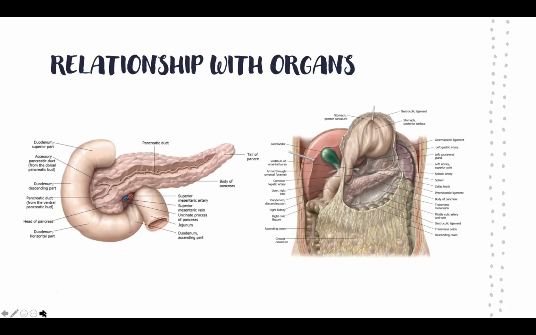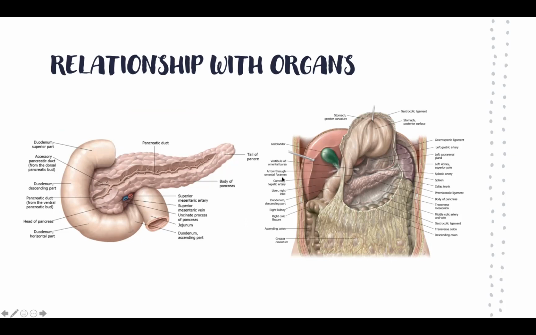Alrighty, so the next part is its relationship with the organs. As we can see, it fits in well with the duodenum, especially the head and the uncinate process of the pancreas. It's also related directly to the stomach, but it's separated by something called the lesser sac, as we can see here. The lesser sac is this area here that can be accessible through this omental foramen.